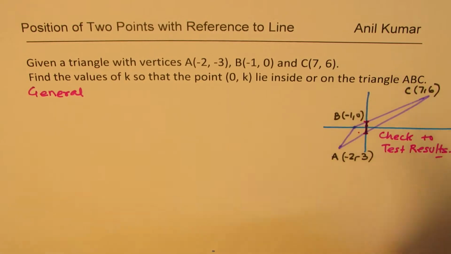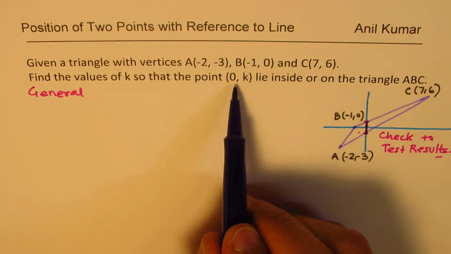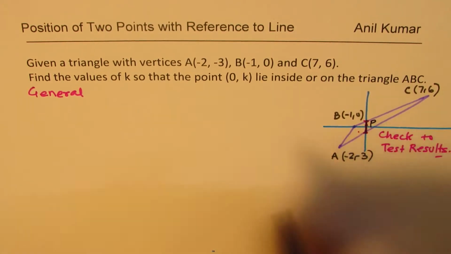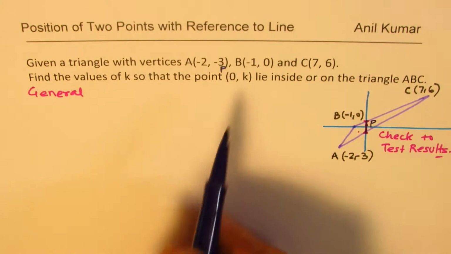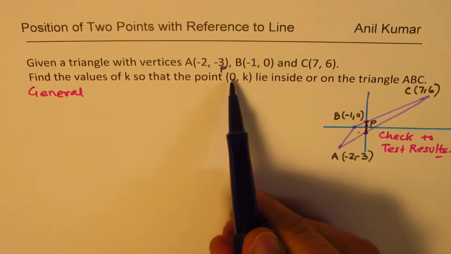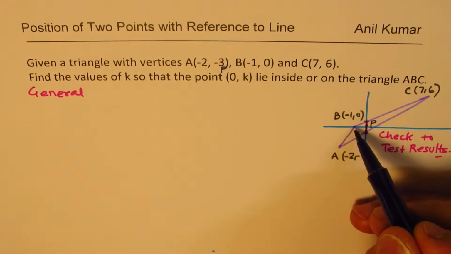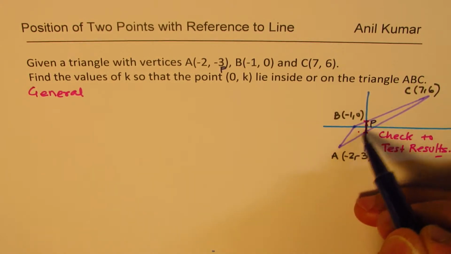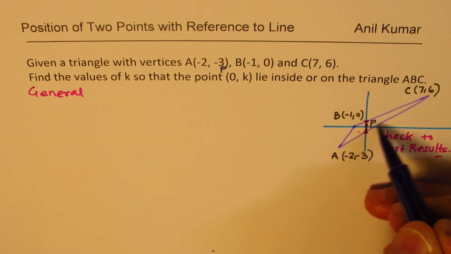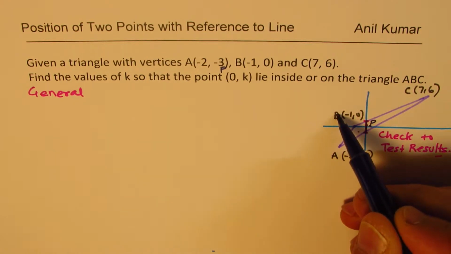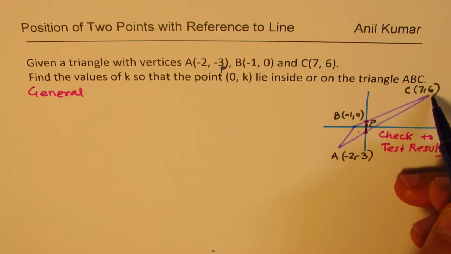Now the method here is that if I'm saying that the point (0, K), let's call this point P, is inside a triangle, it means that if I'm looking from side BC, then the point P and A are on the same side. When I'm looking from side AC, then P and point B are on the same side of the line AC.